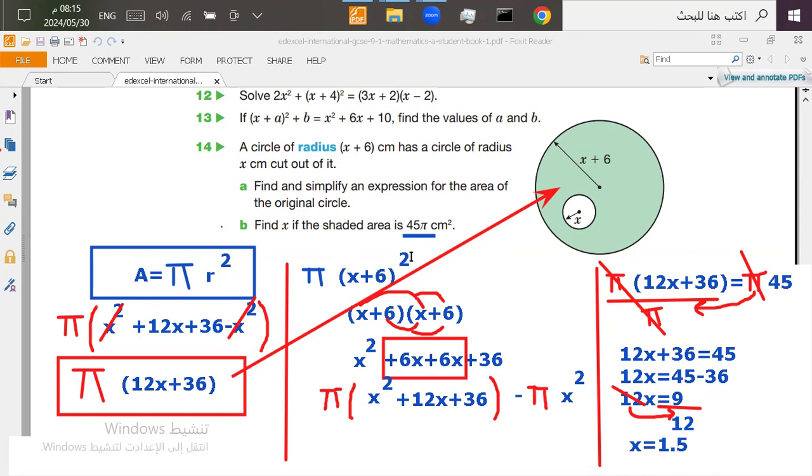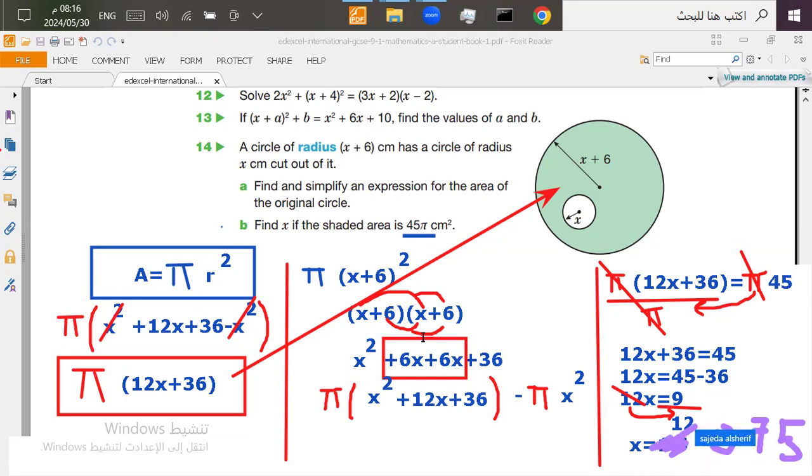And that's the idea of this question. It's a little bit confusing. It has a lot of steps, but you have to focus on these questions because they are easy, but you need to focus on the steps. So first we found the area of the whole circle by r squared, and then we found the area of... yes, let me check.